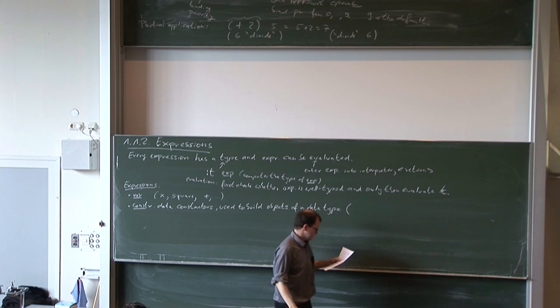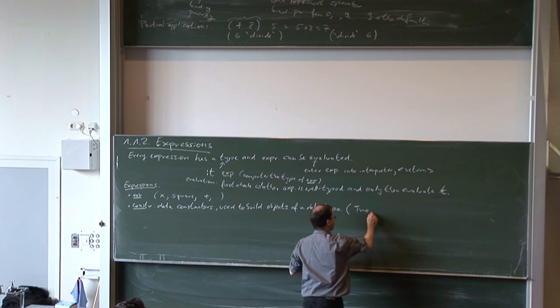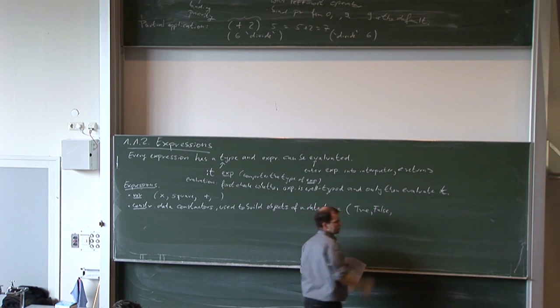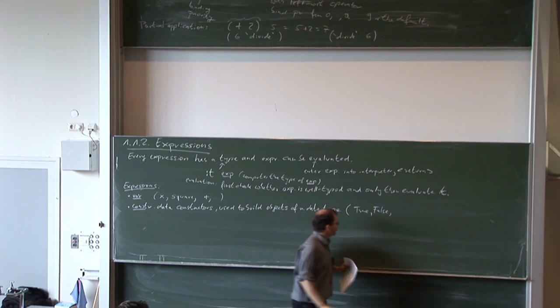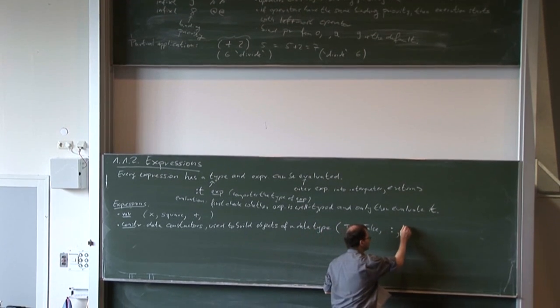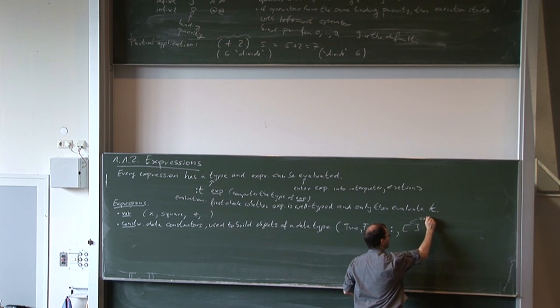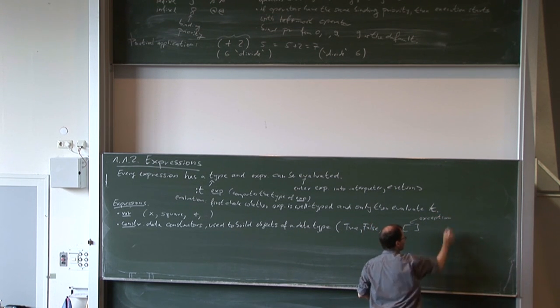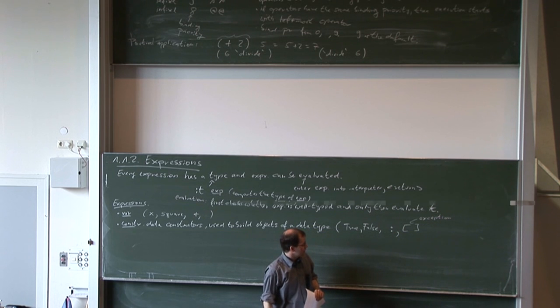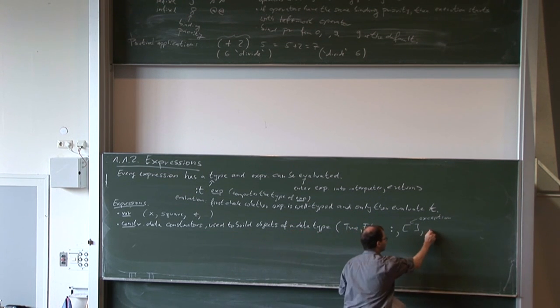In Haskell, these start with capital letters, so it would be something like True or False. These are the constructors of the data type Bool, and they are predefined. If they are infix, they start with a colon. There's one exception to this rule: this is a string of special symbols, but nevertheless it is a data constructor, namely the data constructor for the empty list. And of course, you can define data constructors yourself. You don't know how yet, but I will come to this later. There can be many more.